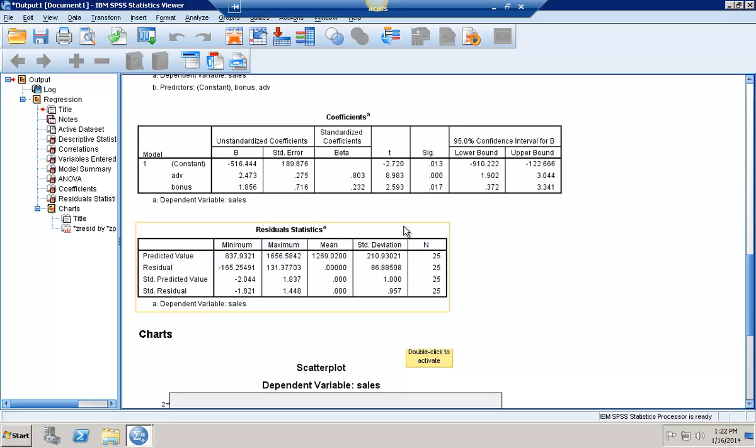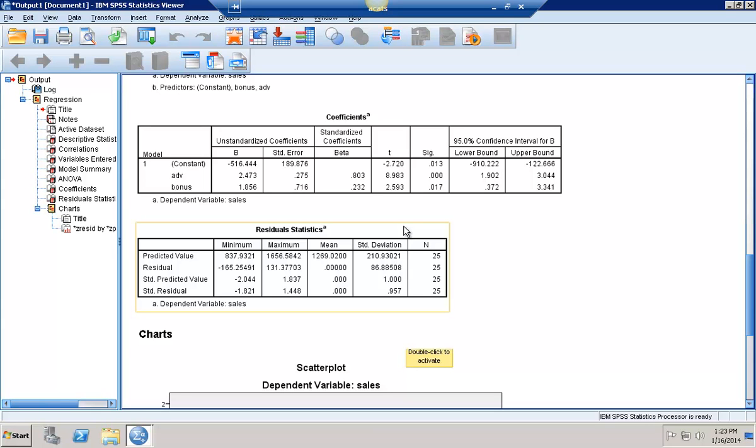Having a positive impact would mean H0, we're looking at beta bonus being less than or equal to 0, because H0 is always the opposite of what you expect. So if I think it has a positive impact and t is positive, all I have to do is take that p-value and divide by 2.